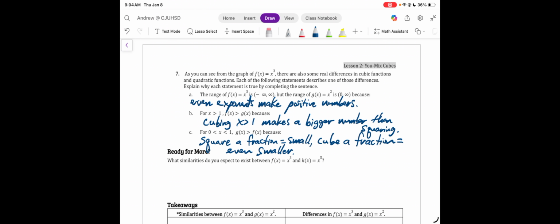Okay, so let's see. Let's do some takeaways here. Similarities, same domain. 0, 0 is going to be the same, the reference point. Continuous. Increase on the same interval. And they transform the same.